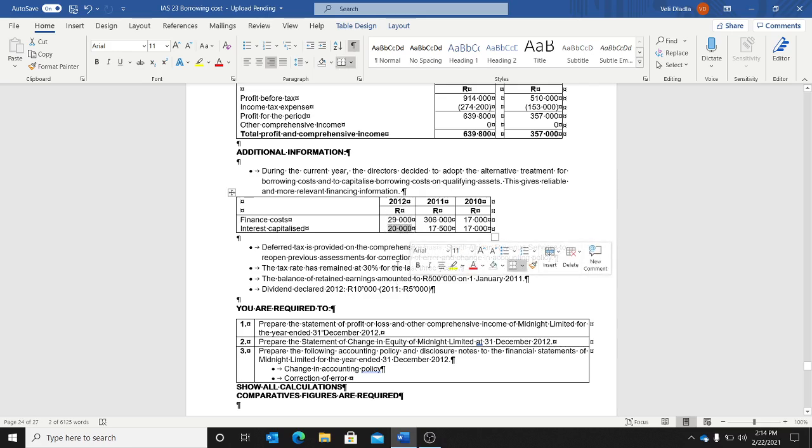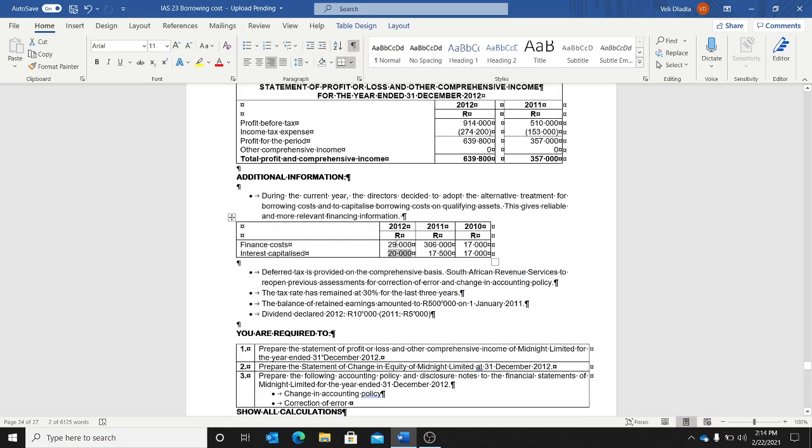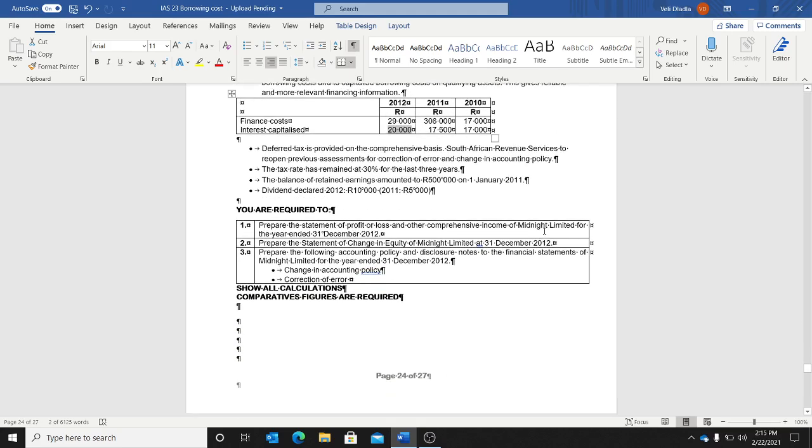It will leave you with 9, isn't it? The balance will be 9 because 29 minus 20 leaves you with 9. So what you then need to be careful of is that once you're capitalizing, your expenses will go down, but your PPE in the balance sheet will go up. Okay. Right. Let's then check.